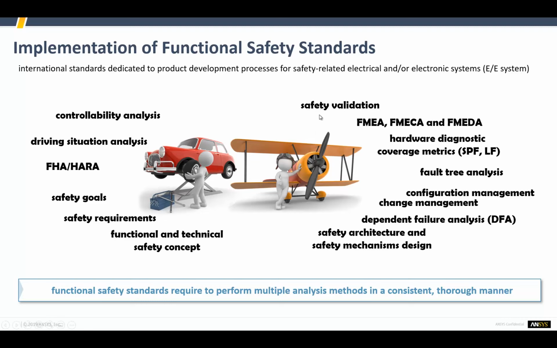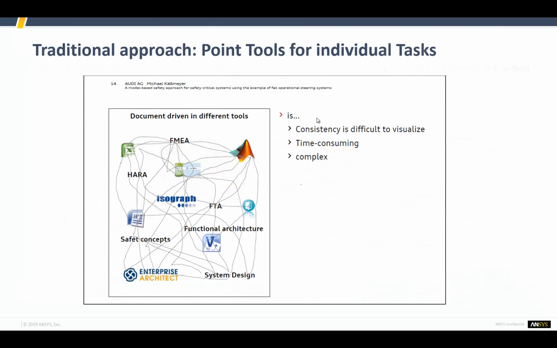In many situations, we have seen that companies are implementing this in different tools. These different tools are very tough to get consistent with each other. It's a very time-consuming task, and it can also become very complex, because each single tool that is added to this, let's call it zoo, implies a number of additional challenges.